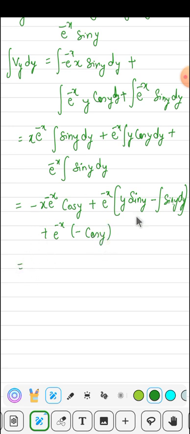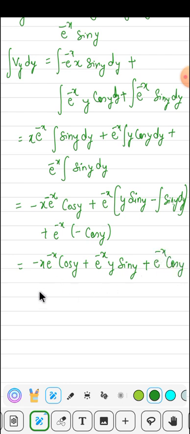Or I make it simpler: minus x e^(-x) cos y plus e^(-x) y sin y plus e^(-x) cos y, and this is minus e^(-x) cos y.